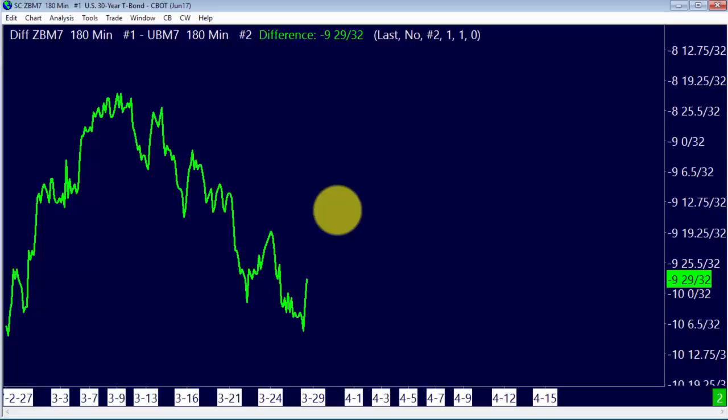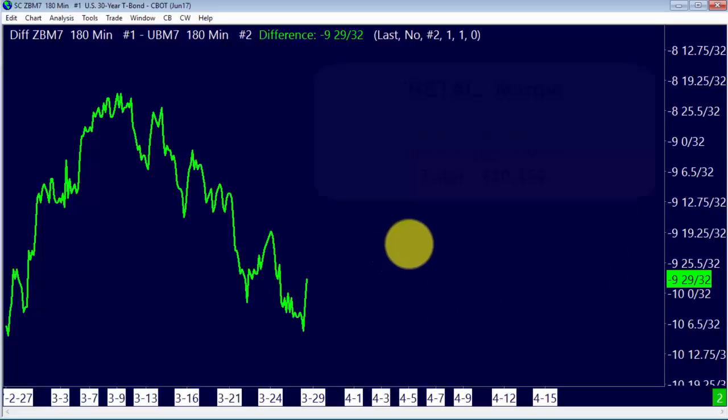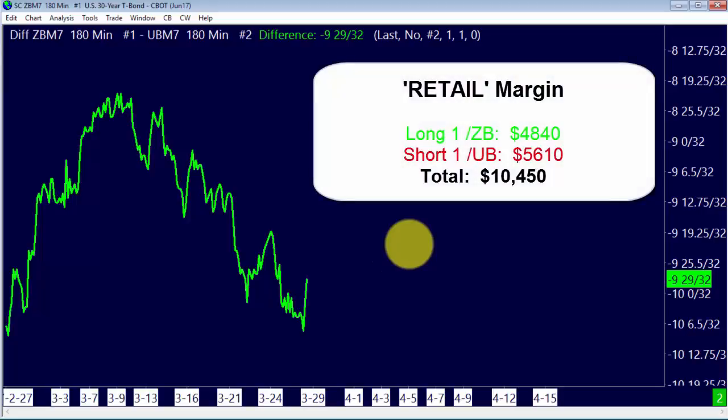Most brokerages for the retail trader are going to count one long ZB against one short UB as two totally separate contracts. And that's absolutely wrong. I think that's like $10,000 of margin if you're long one ZB and short one UB.